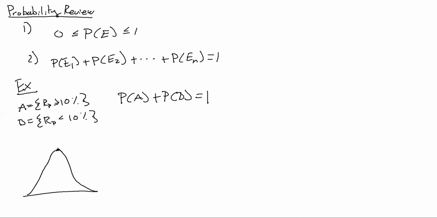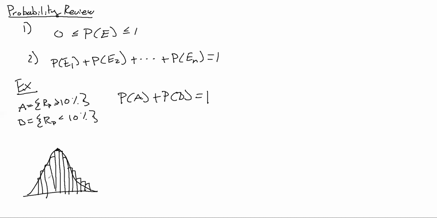It would be a histogram, so it wouldn't be smooth like this. It'd be a bunch of bars like this. Maybe it wouldn't be so smooth.